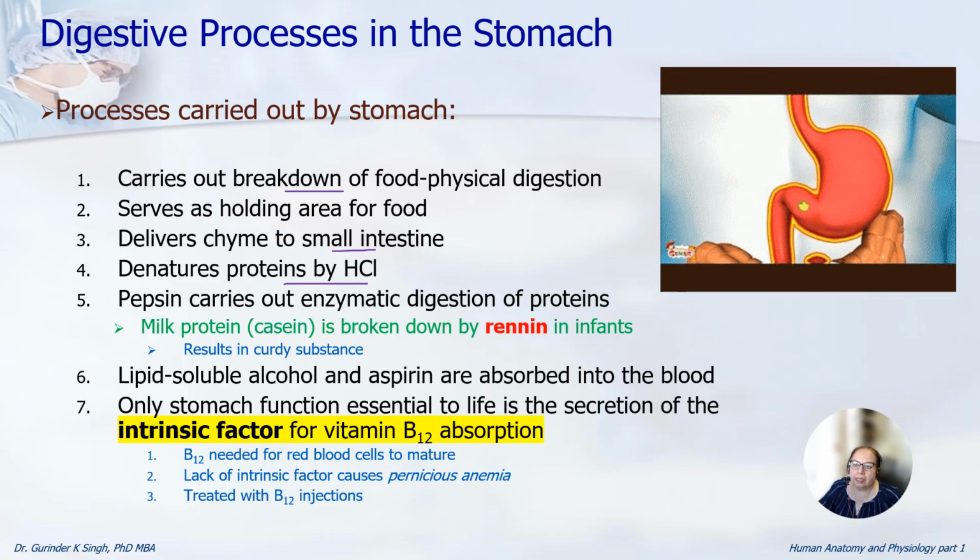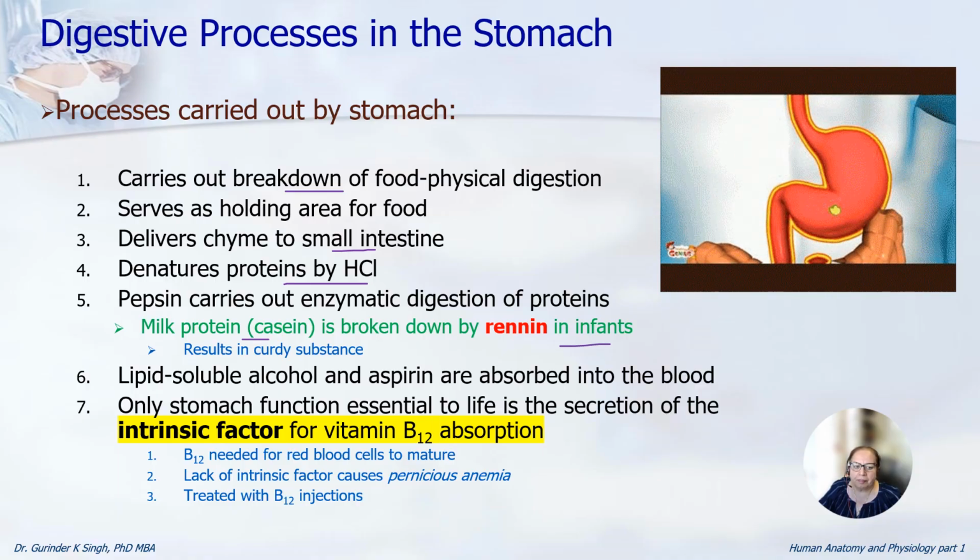The HCl turns pepsinogen into pepsin, and we have looked at that. Pepsin is a protease. It breaks down the milk protein, the caseins, and turns it into a curdy substance.